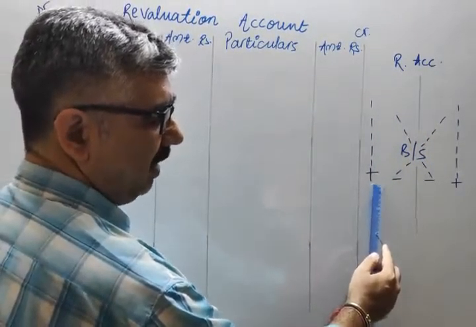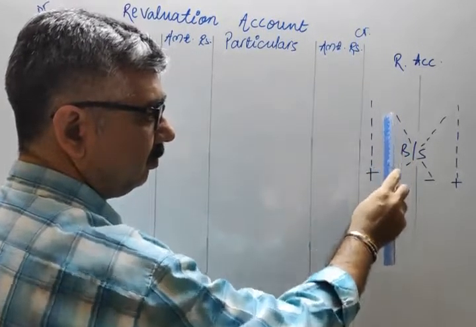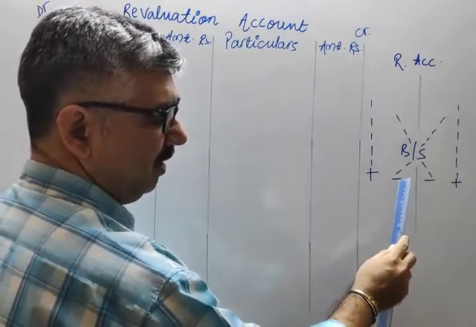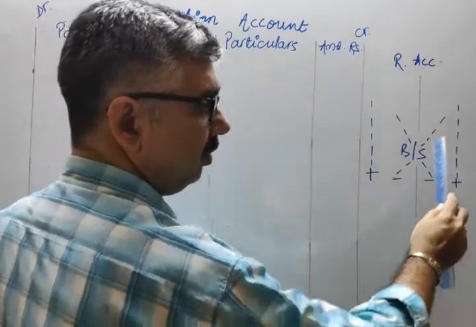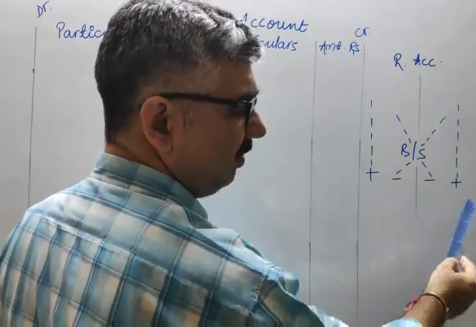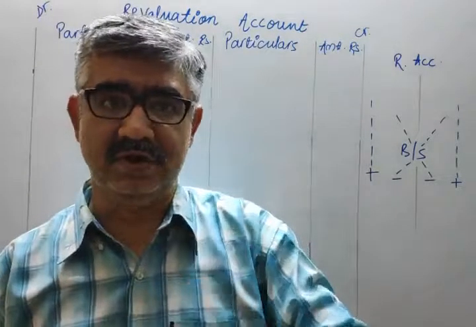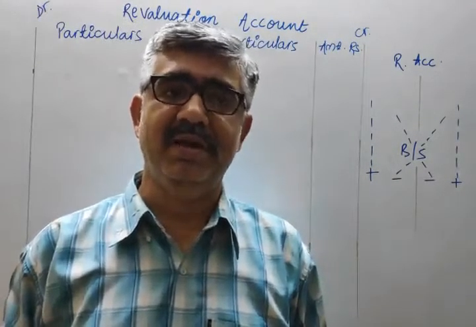If plus in the balance sheet, it goes straight. If minus in the balance sheet, go cross on any of the sides. There's no need to remember whether it is on the asset side or the liability side.